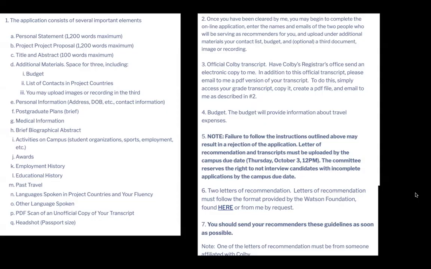Well, the Watson Foundation says it's a country where you've spent a certain amount of time, and their cutting point is 4 weeks.